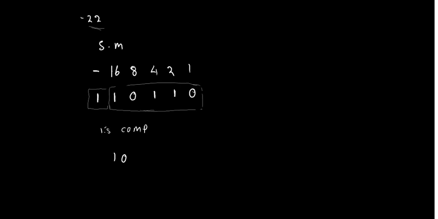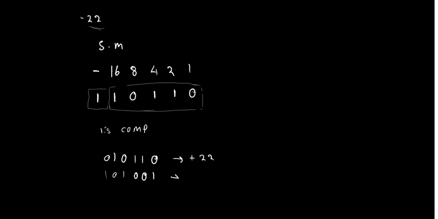This is positive 22. Remember, I just like adding an extra 0 there. Then we just invert these bits, which is 1 0 1 0 0 1 0 1, which is negative 22 there.